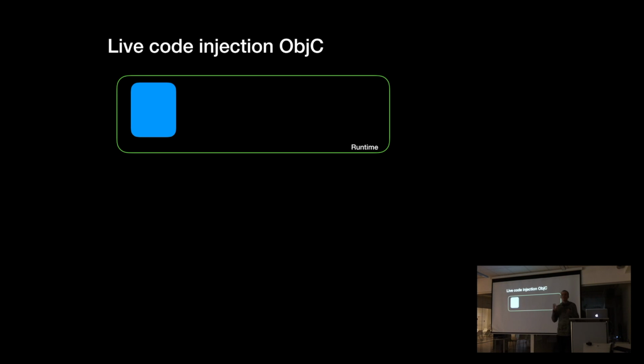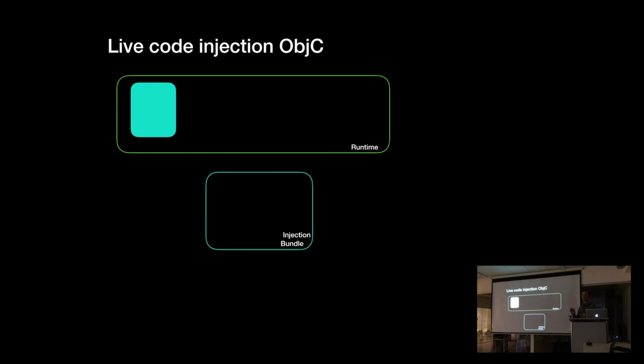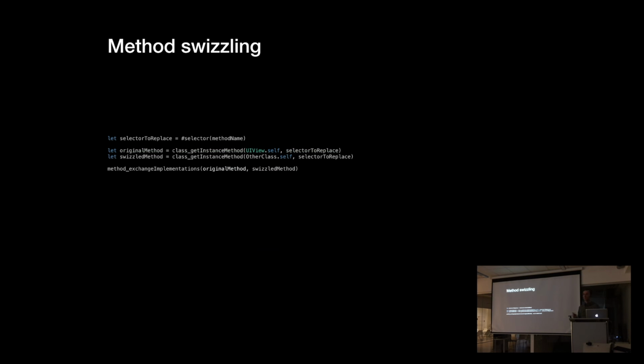So as you see, this is very dynamic, so flexible. You can exchange in runtime. You can do everything that you want to achieve, some hacky things. And I think most of you know it as method swizzling, and this is actually what injection for Xcode does.